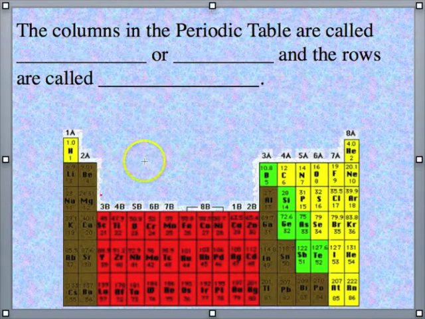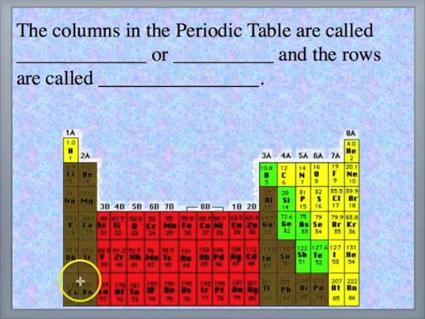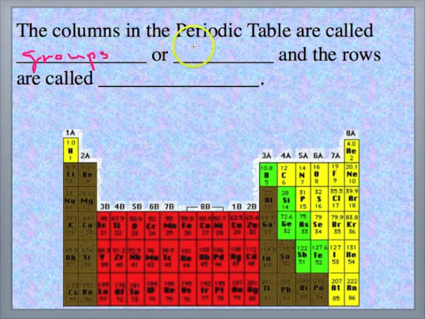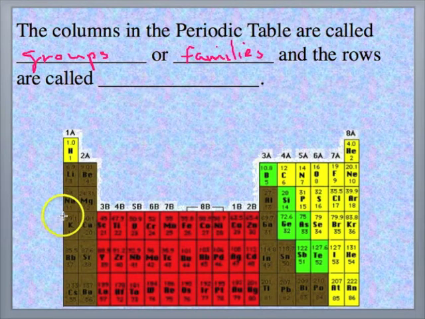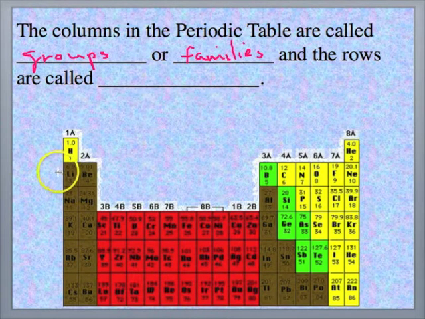Now let's discuss the areas of the periodic table, a little bit of the nomenclature. The columns in the periodic table, going down, are called groups or families. The organization of the periodic table puts elements that have similar physical and chemical characteristics in the same group or family, in the same column.